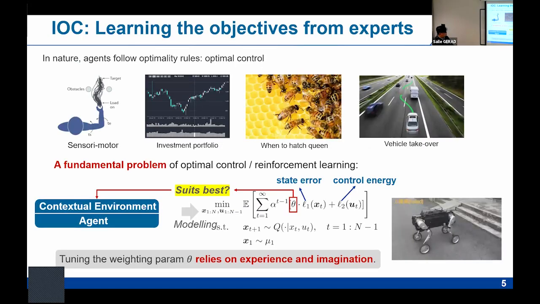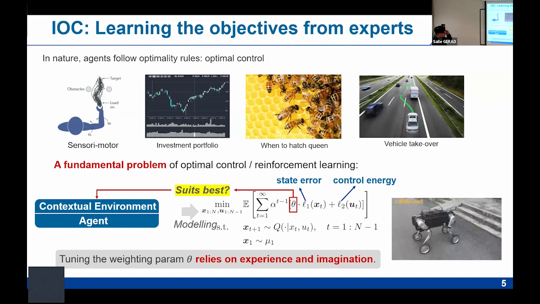This is a little bit of motivation. In nature, agents tend to follow optimality rules. For example, in sensorimotor control, how do you reach for a target? Also, how do you manage an investment portfolio? If you talk to a fund manager, everyone has their own criteria to optimize.